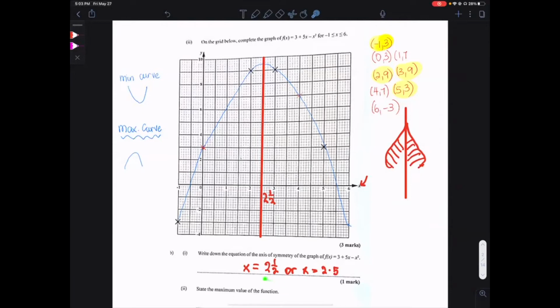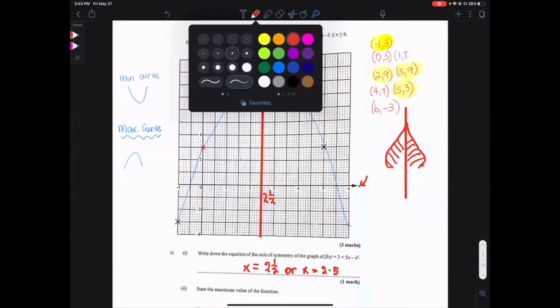State the maximum value of the function. Well, here, this is the maximum curve. We want the highest value of the curve.